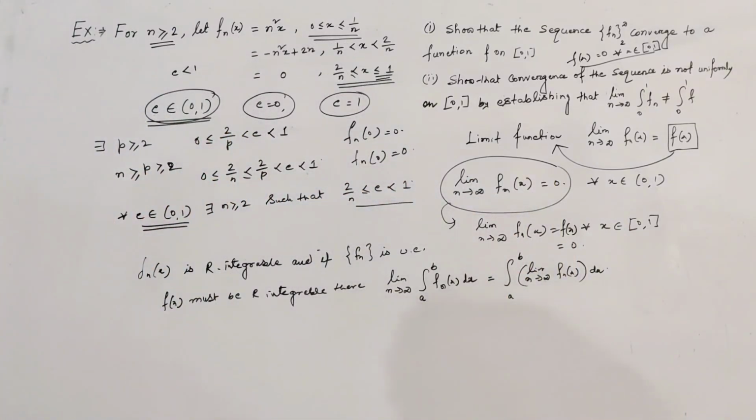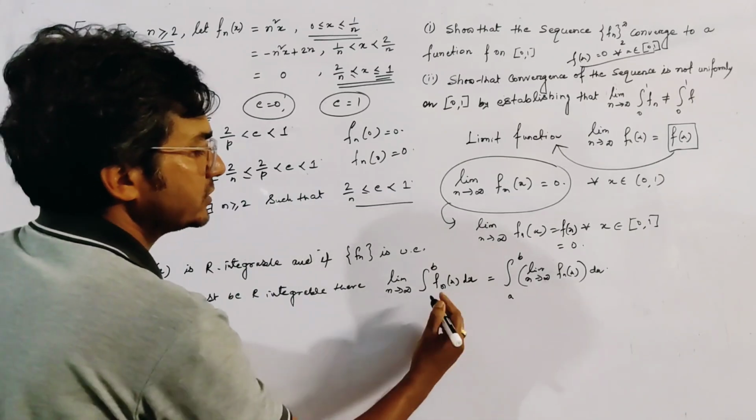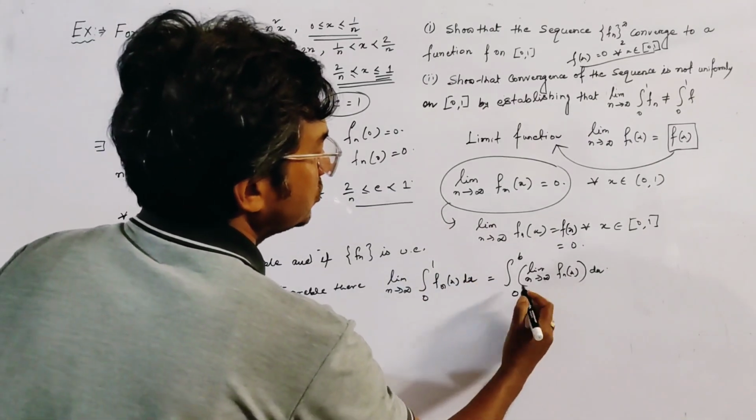Okay, and here a and b in this problem are 0 and 1.